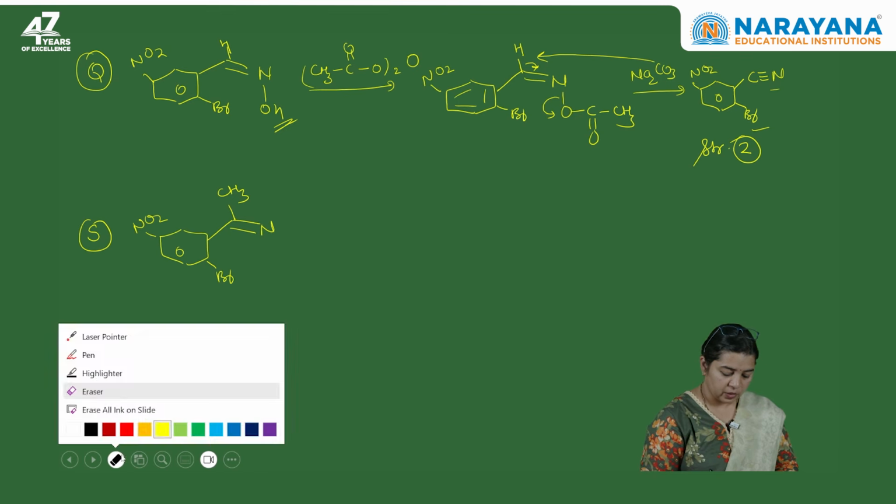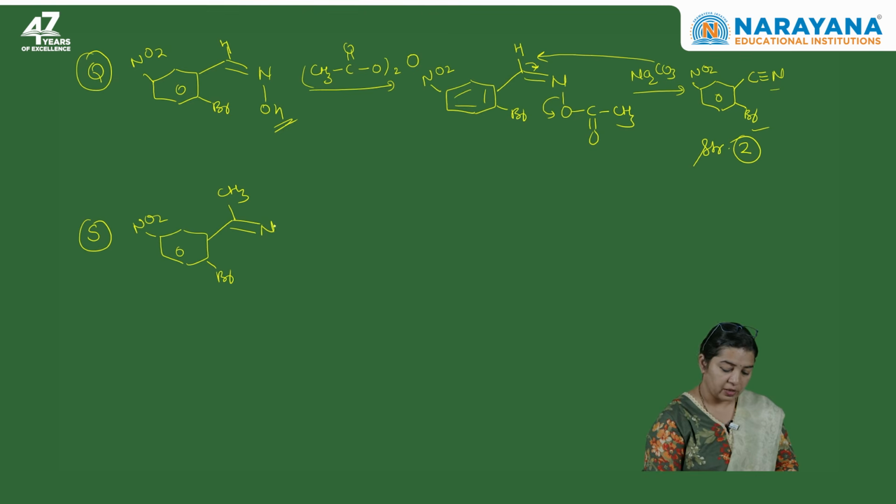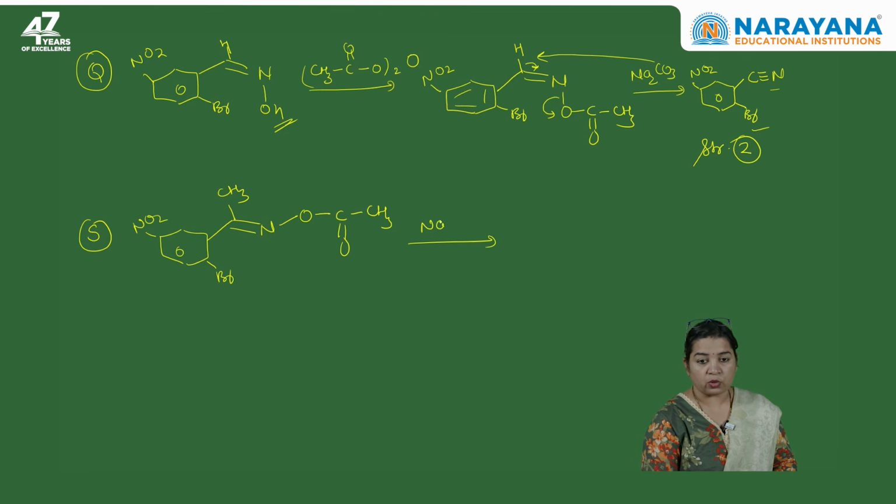Let me see what structure is given. They have given OCOCH3 and then aqueous Na2CO3. But the thing is, if I remove this, I don't have a suitable leaving group which can leave concertedly or simultaneously. That is not possible this time.